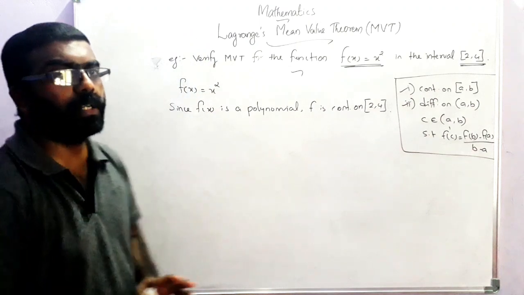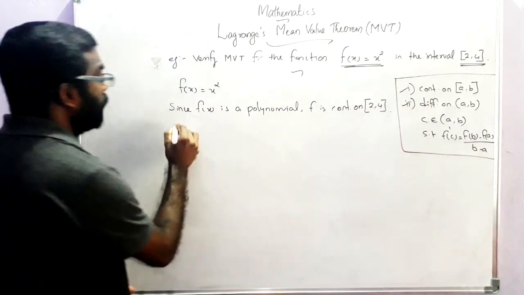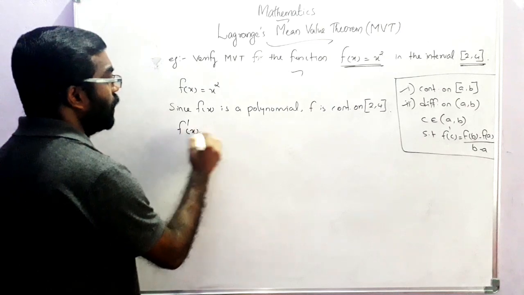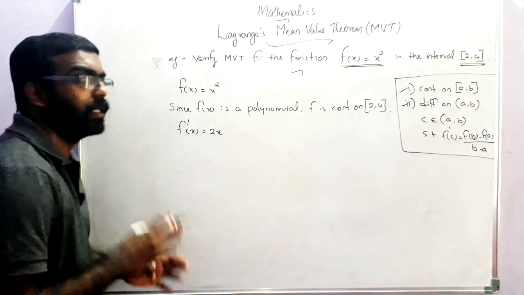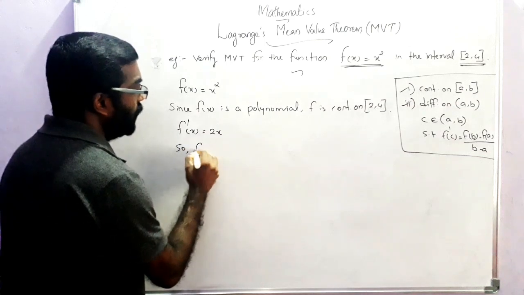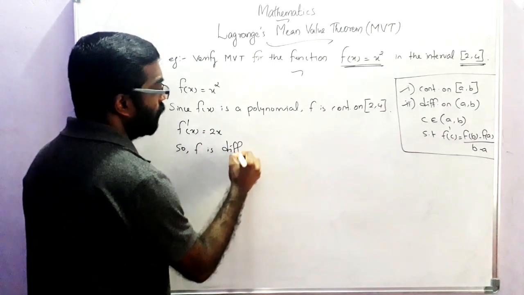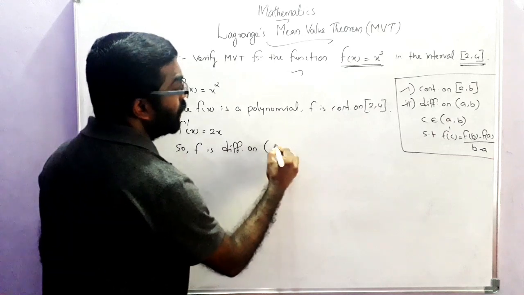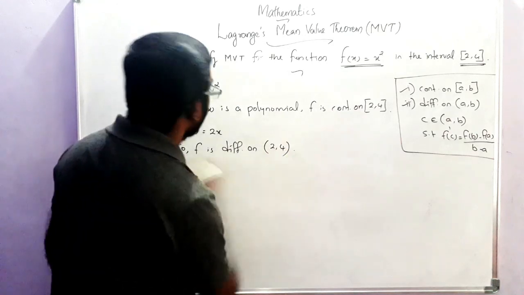Now we can check the differentiability of the function. Here f dash of x, the derivative, will be equal to 2x. That means the derivative exists. So we can say f is differentiable on the open interval (2, 4).